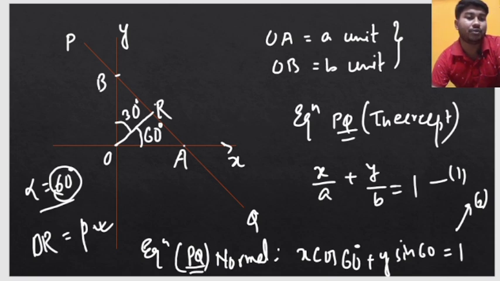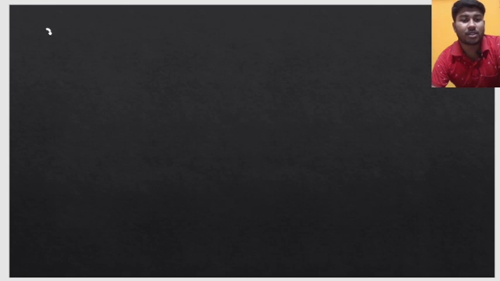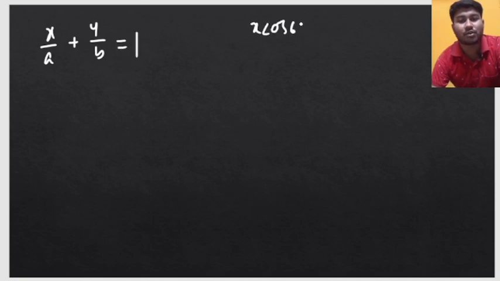So if you write down the equation again, the first equation that we have written for line PQ is in intercept form, and in normal form the same line is written as x cos 60 plus y sin 60.